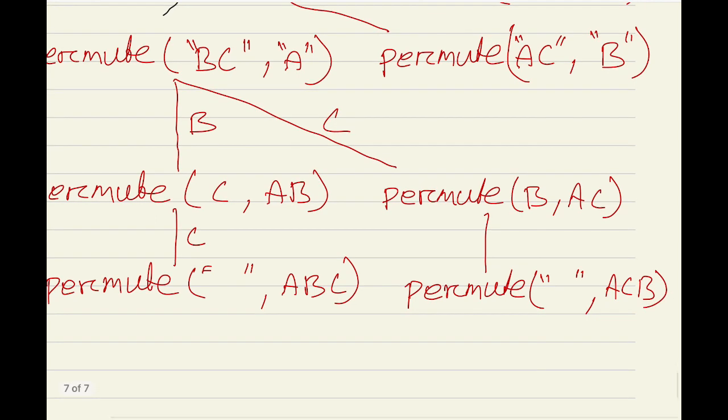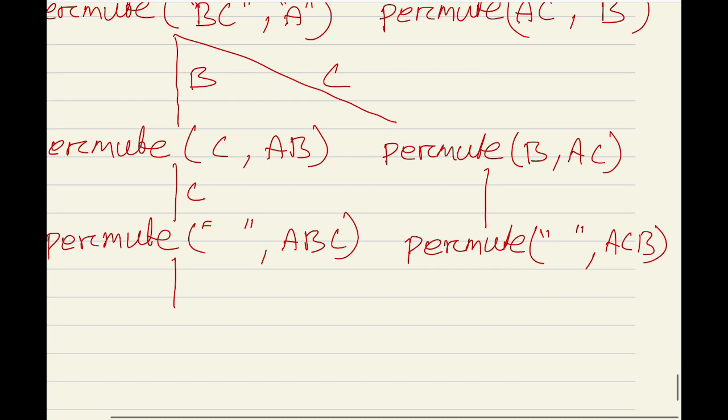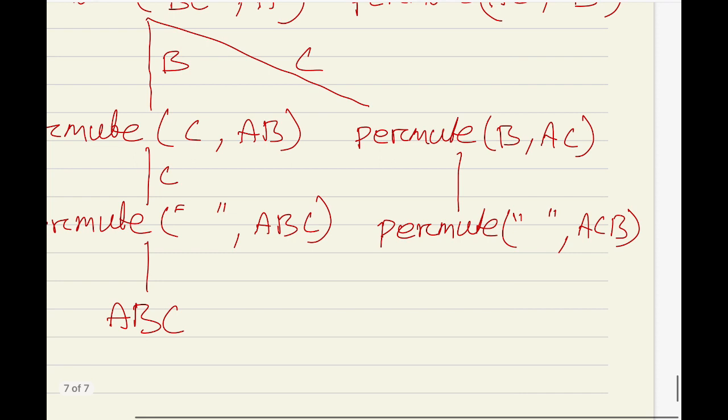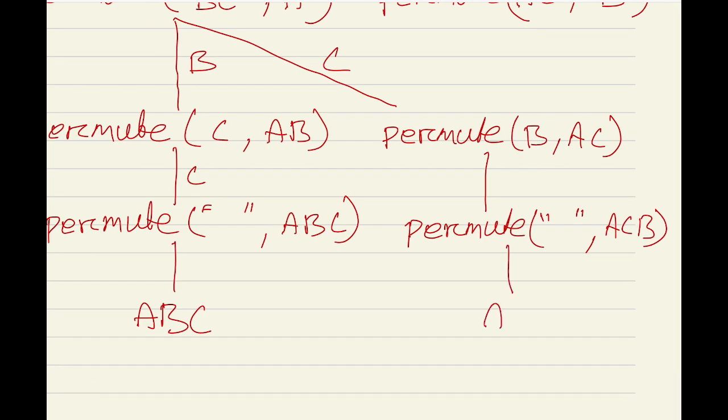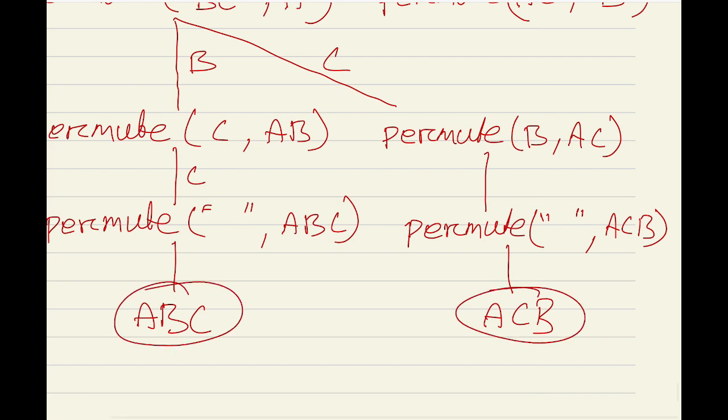So here you can observe the input length becomes 0, so it is going to print the output, ABC. Similarly here it is going to print ACB. So here we get one output, here we get another output.